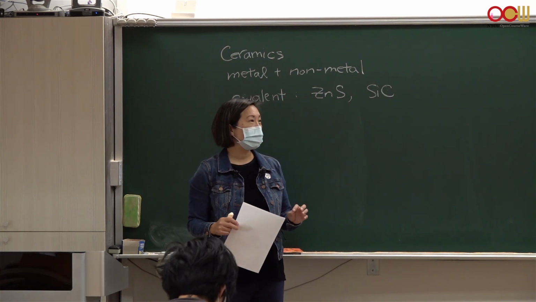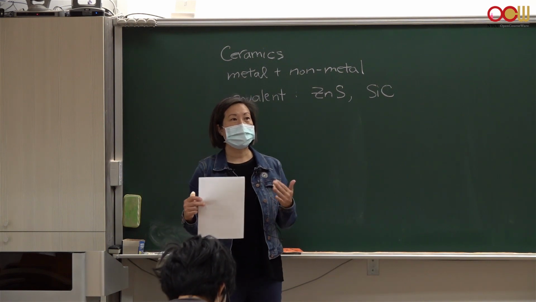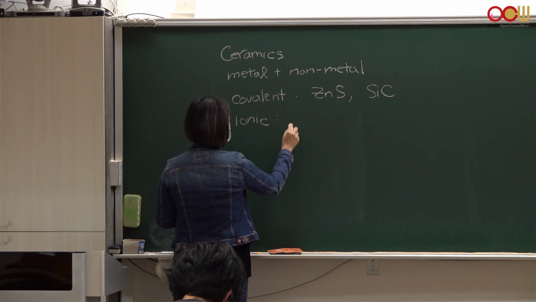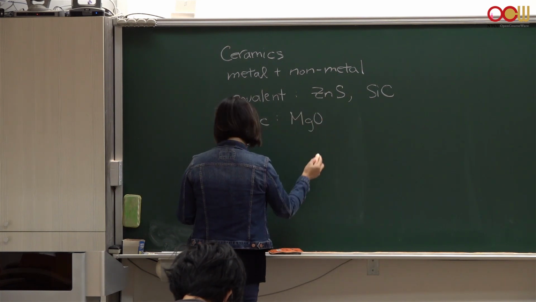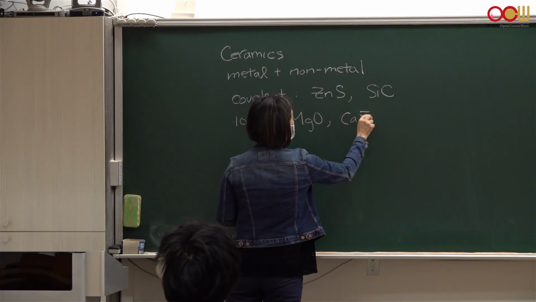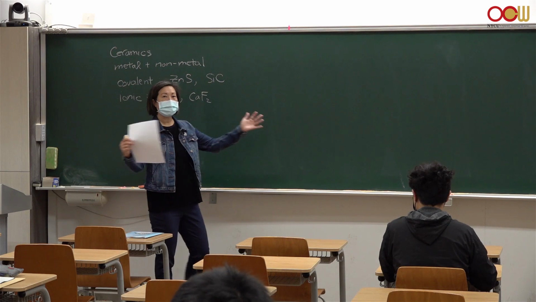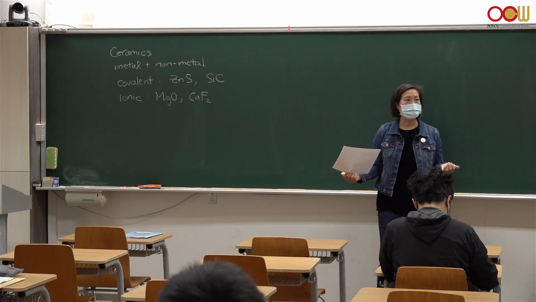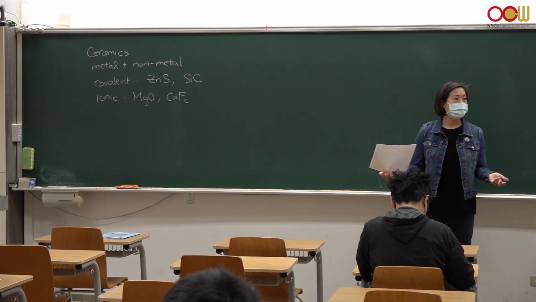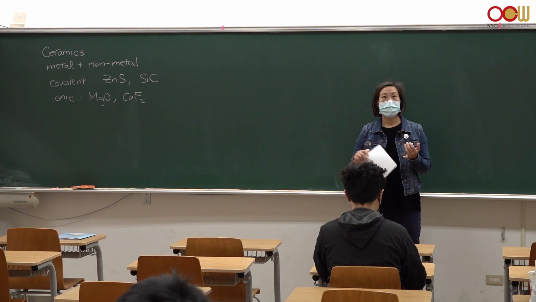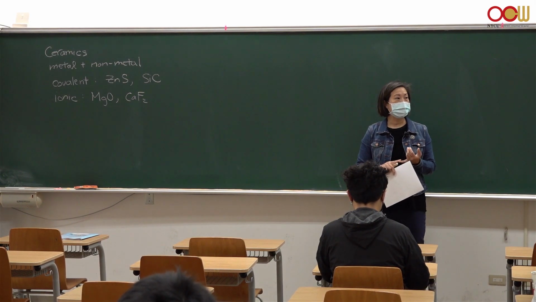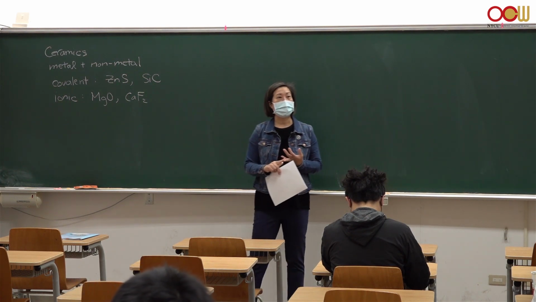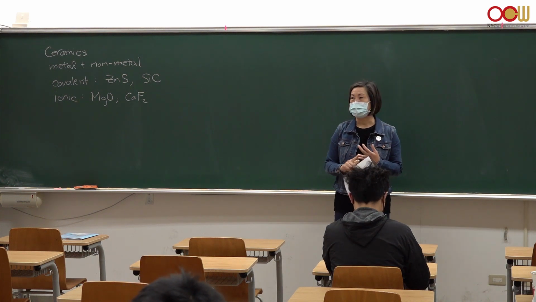So those will have mostly covalent bonding because they're very similar in electronegativity. Metal ceramics that have mostly ionic bonding include magnesium oxide and calcium fluoride because they're far apart on the periodic table. They're very different in electronegativity, so they have mostly ionic bonding. And then you have lots of other ceramic materials that we've already talked about, like alumina, Al2O3, aluminum oxide, titania, TiO2, or titanium oxide. Those all have a mixture of covalent and ionic bonding.